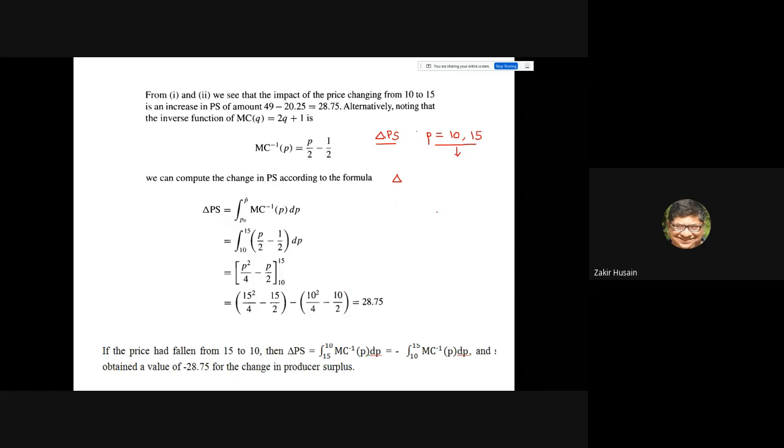In that case, instead of this complicated way, you could simply have taken the inverse of the marginal cost function. So you have this function, and now the price is from 10 to 15. Just practice this. You can see that again we get 28.75.